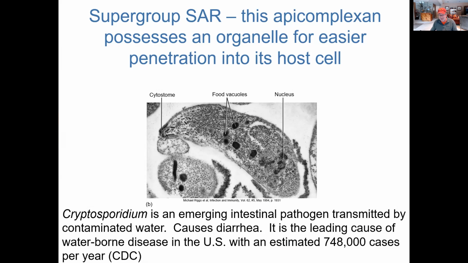And as it mentions here, the CDC is estimating that close to 750,000 cases of cryptosporidiosis, it's called, is the disease, via ingestion of contaminated water. Water can contain all sorts of interesting things, and this is one of them.